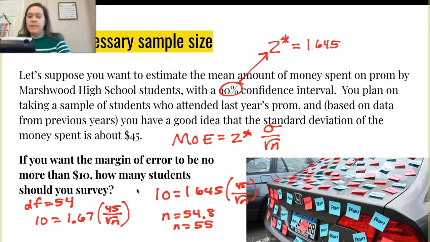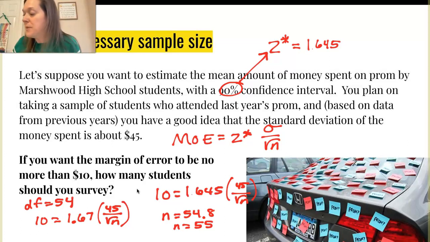Actually, I'm going to do 10 divided by my inverse t, 1.6736, and then 45 divided by that. I should be doing this on the calculator so you're watching me. Then squaring that gets us 56.7.